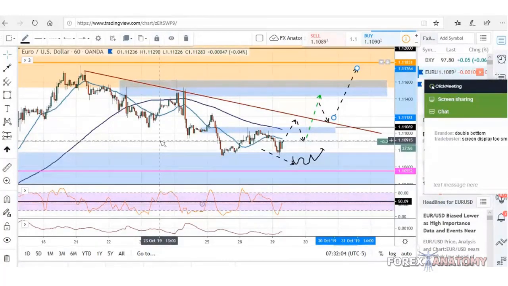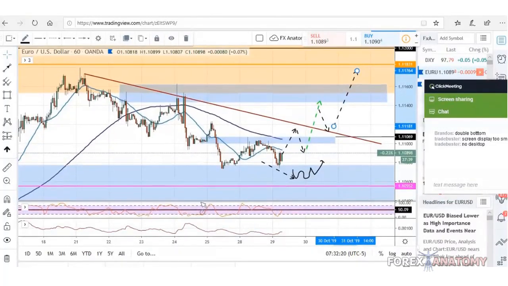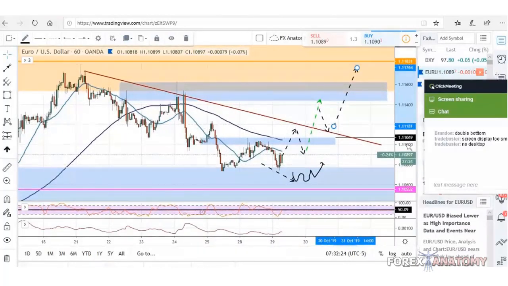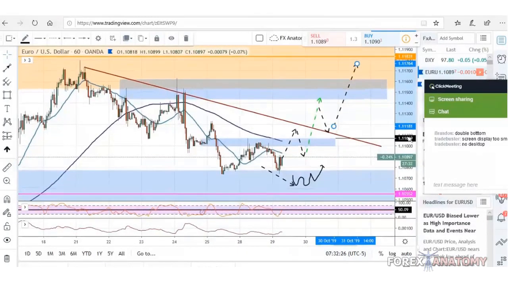Well, Trade Buster says screen display too small. Are you viewing this through your mobile, or are you viewing this through a computer or a laptop? Because there'll be some variance between that. Well, I could see if I could try to stretch this out a little bit, make this a little bit bigger. Yeah, he said desktop.